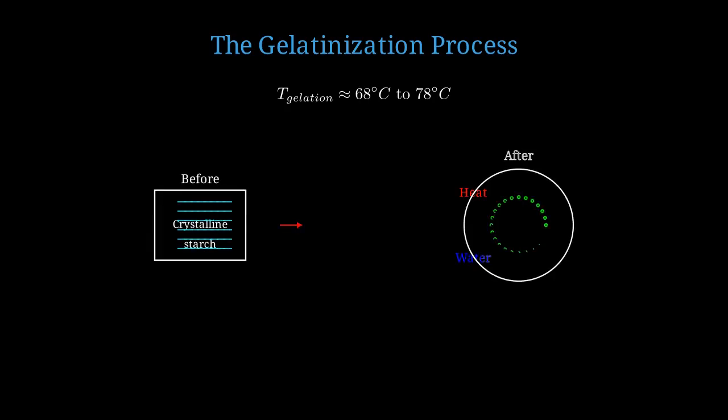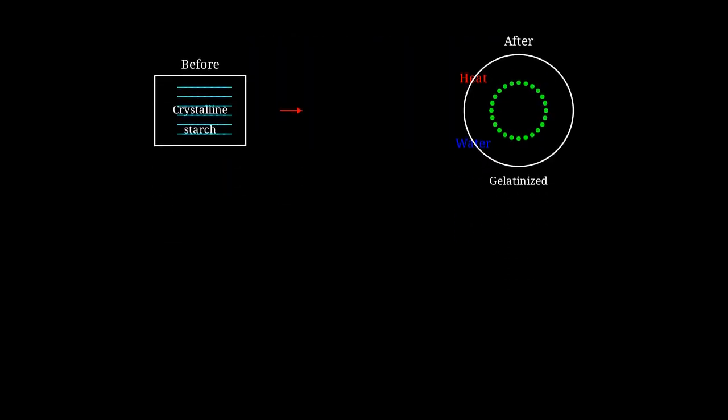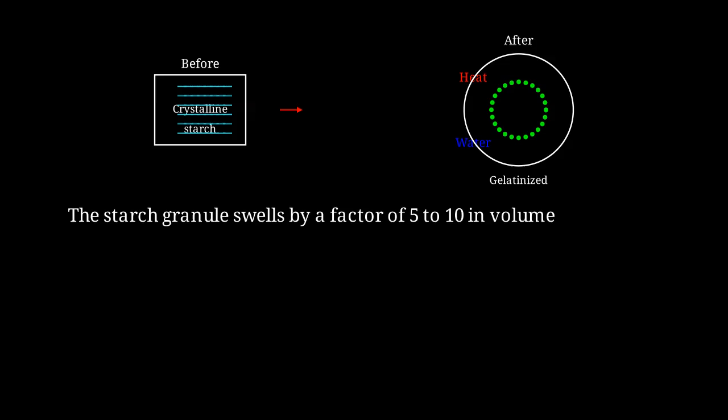Before heating, starch granules have an organized crystalline structure. After gelatinization, water penetrates the granule, hydrogen bonds break, and the structure swells dramatically. The granule can absorb 200 to 300% of its weight in water. Volumetrically, the starch granule swells by a factor of 5 to 10. This swelling exerts pressure on the cell walls of the rice grain.